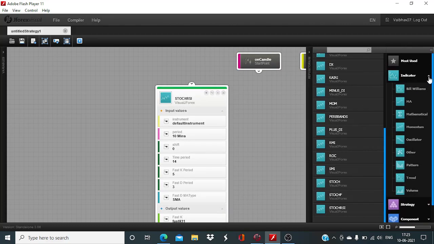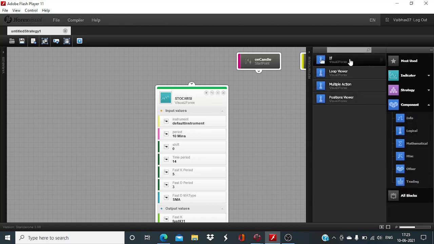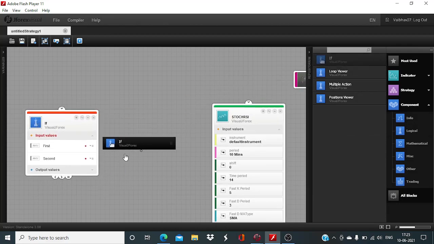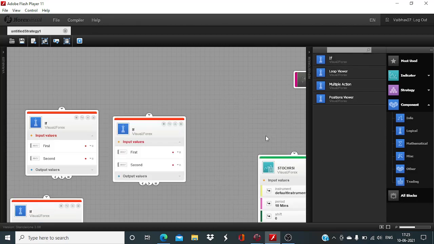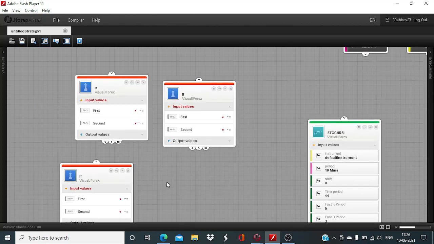First things first, we will need to carry out the instrument subscription. For that, we are going to need three logical blocks, if blocks first, and here's the standard feature whenever we are working with a new setup.